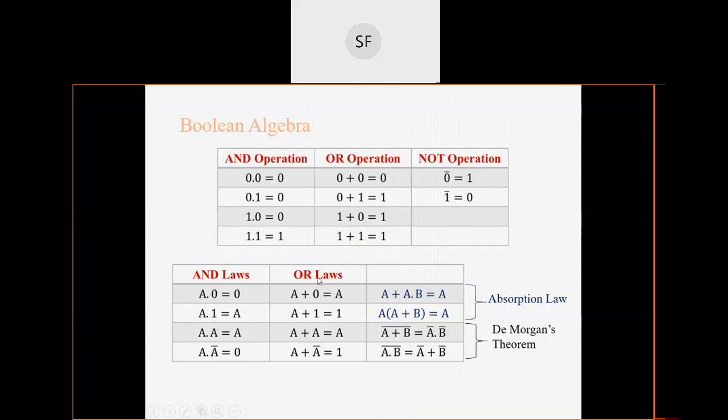Similarly, these are the OR laws, where all the operators are nothing but the plus sign, right? So now the first law is A dot 0 will always be 0. Why? Because we know that if any one input is 0, the output of AND will be 0. Clear?